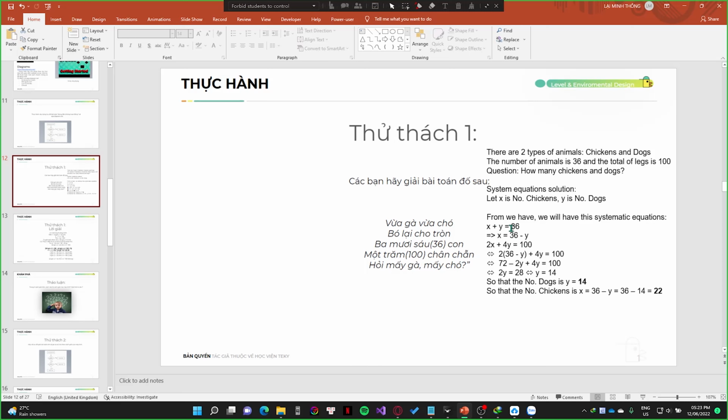As you can see here, we can take a random number for x and y and then check whether it matches the numbers in the challenge or not, right? But we do it very slowly, so we cannot do that. But the computer is very fast, so it can take random x and y values and check whether they equal the values of the challenge or not.